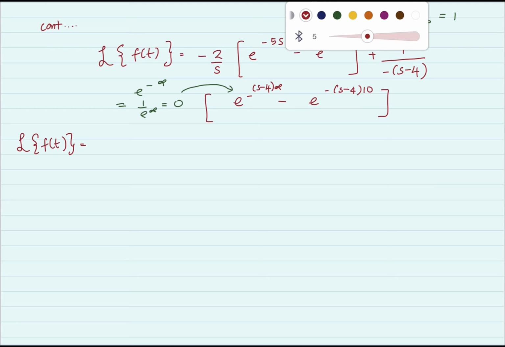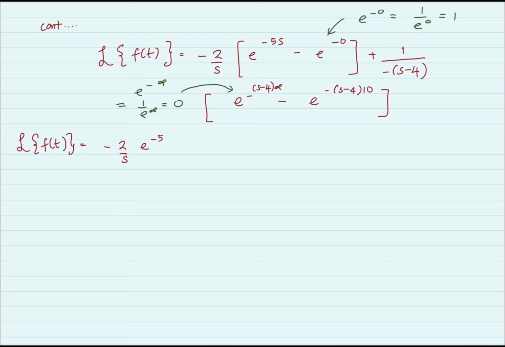So we can use that: negative 2 over s, e^(-5s), negative 1 over s minus 4, negative negative plus e^(-(s-4)10).